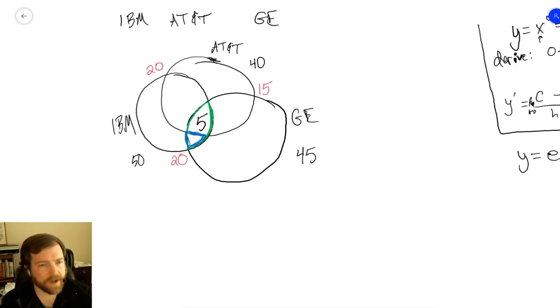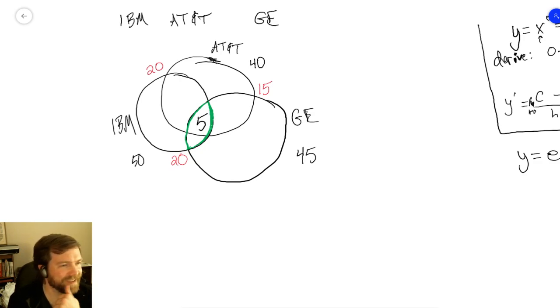So I'm inclined to believe that it is the intersection of both of these things. I'm inclined to believe that this 20 is also including the 5 for all three. Well, we can try, right?